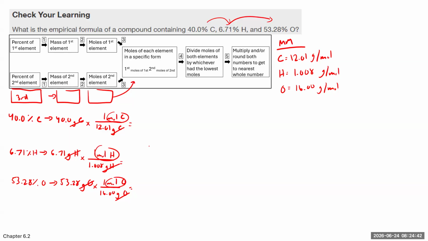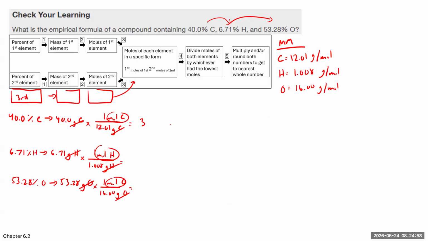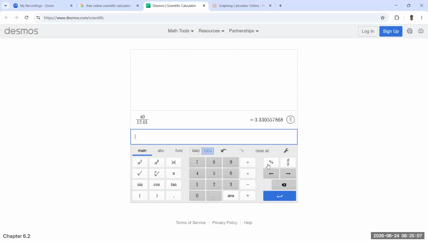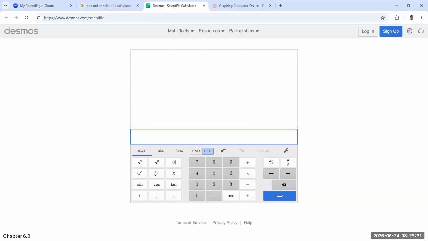So let's now do the math. 40 divided by 12.01 is 3.331 moles of carbon. 6.71 divided by 1.008 is 6.657 moles of hydrogen. 53.28 divided by 16, all right, 3.33.